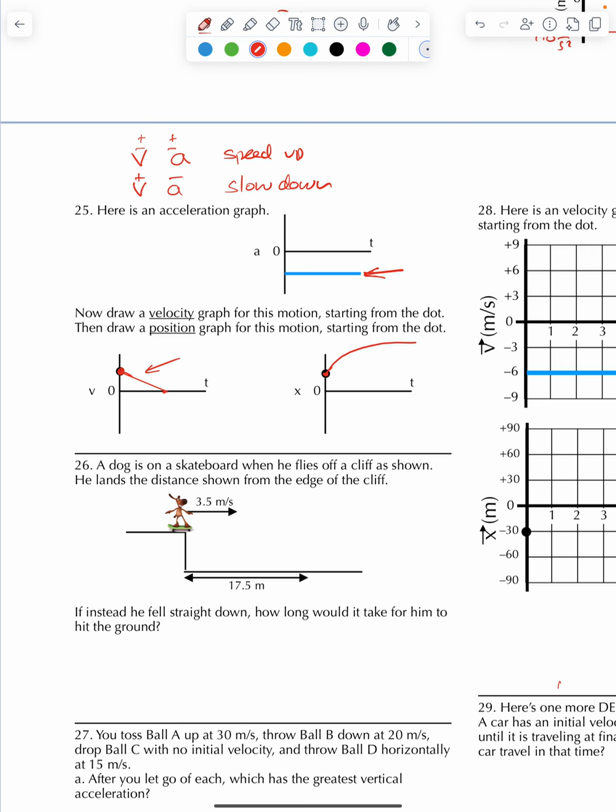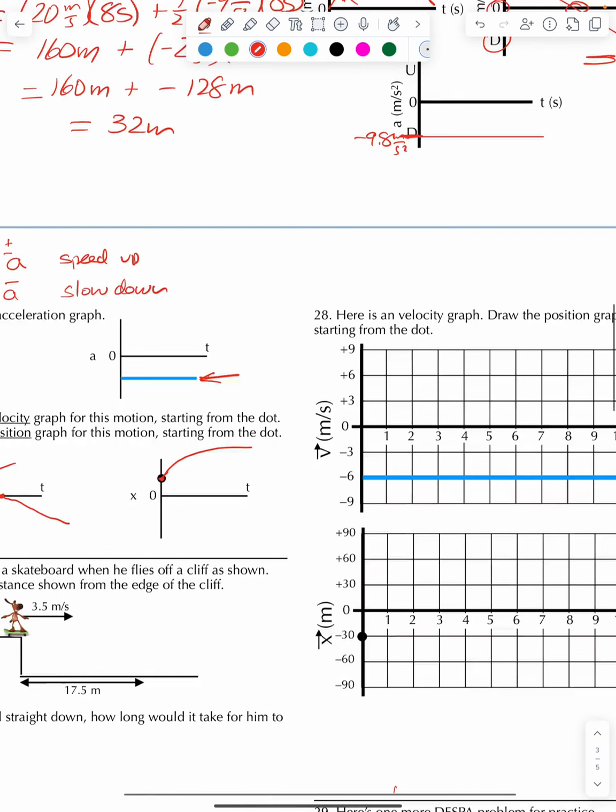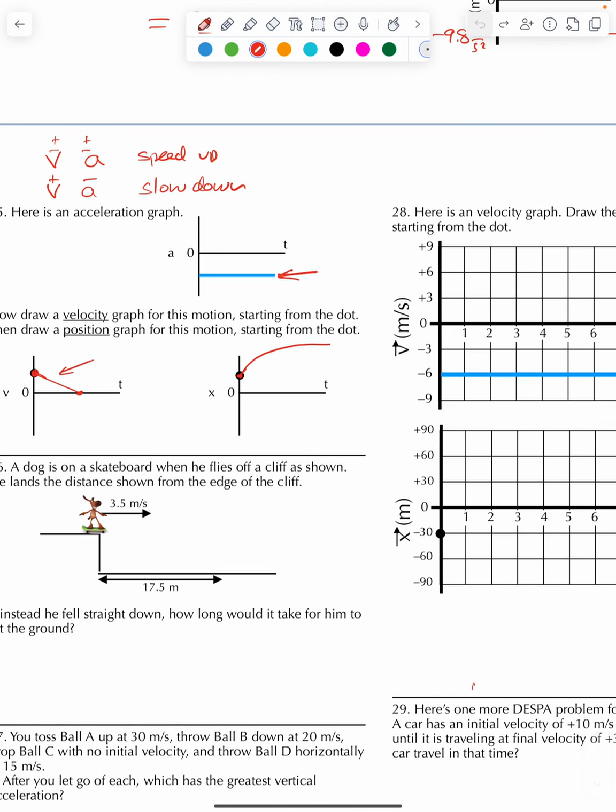And I actually stopped at 0, so I'll stop at the horizontal. Now, if I kept going, it's kind of like this figure over there, where I would redraw that one. Again, if I continued there, I would need to show, for this part, positive velocity slowing down, then negative velocity speeding up.